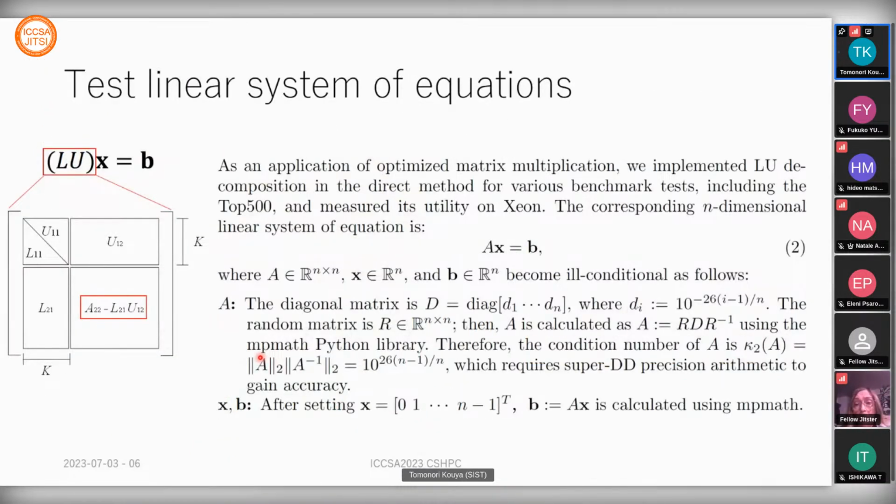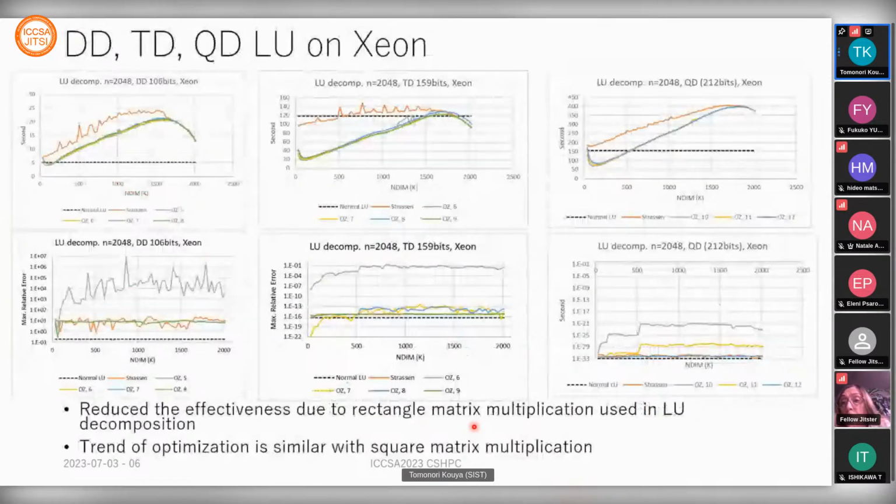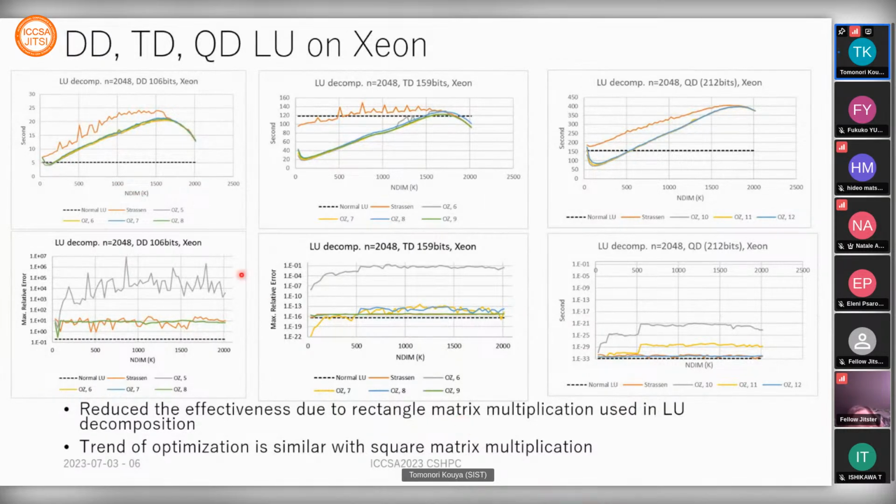So we want to confirm the performance of LU decomposition with the Ozaki scheme.